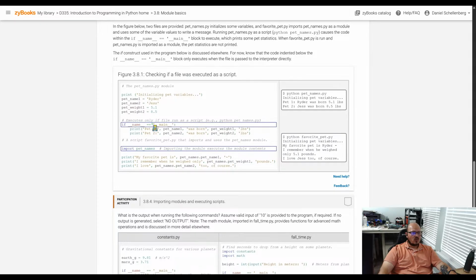Executes only if the file is run as a script. So basically, import names means that it executes all the content in the file, whereas if you use this here, it'll only execute what you ask for. Like pet name, pet1, or I'm sorry, accessing the pet variable here, right?